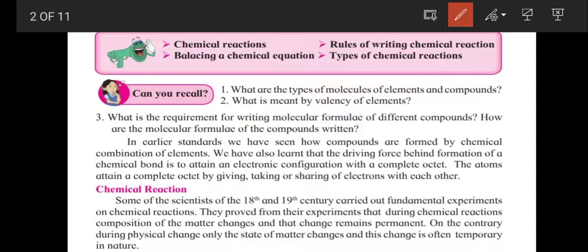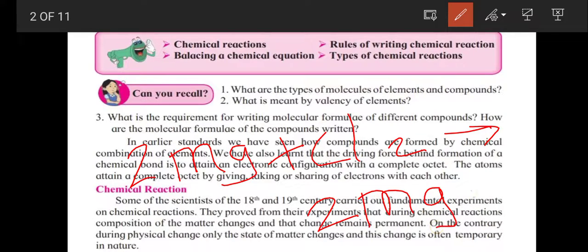Now next one: in earlier standards we have seen how compounds are formed by the chemical combination of elements. We have also learned about the driving force behind the formation of the chemical bond. Students, what they are saying is that we know chemical combination means combination into a compound. For example, 2Mg when reacted with Cl2 forms 2MgCl, that means the compound magnesium chloride is formed.